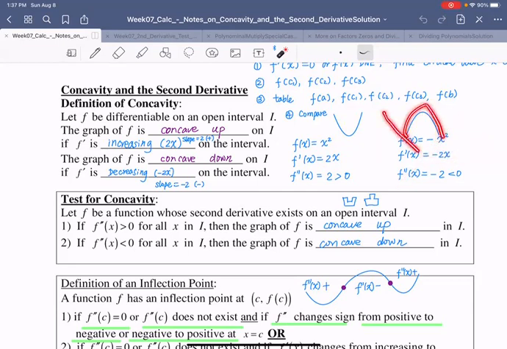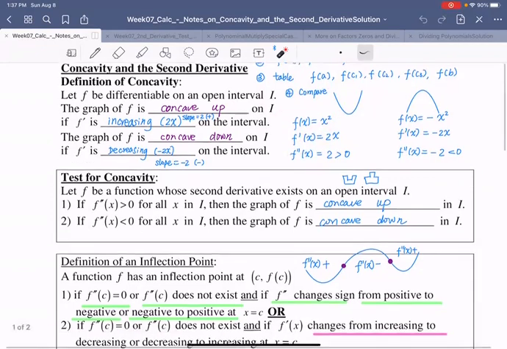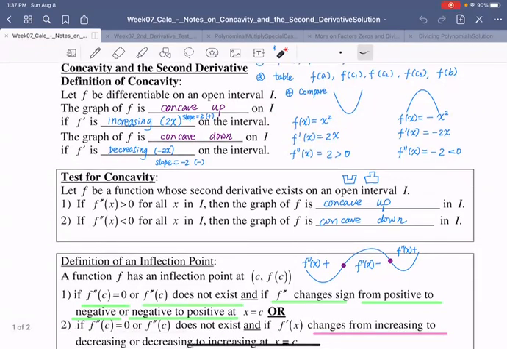This slope is a line going down, so it's decreasing. Your first derivative is decreasing, or your second derivative is negative. You call this concave down, okay? If you plan to take the College Board AP test next May, this for sure will be included in the test, both for AB and BC.